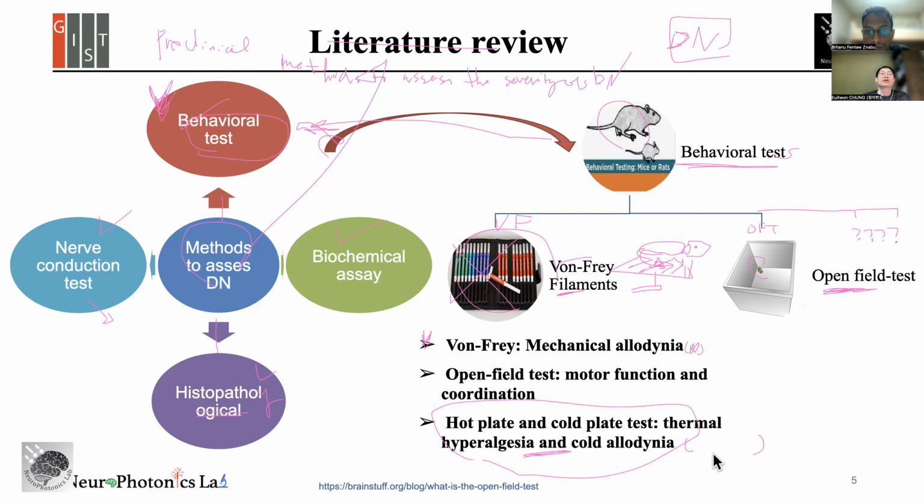You don't necessarily say we're not going to do it, but the mechanism of mechanical and thermal could be different. So when a more specific test is needed, for example, if you look at diabetic neuropathy behavioral tests, did you find out people have done von Frey? Yes, right? Did you find a hot plate cold plate test? Did you find?